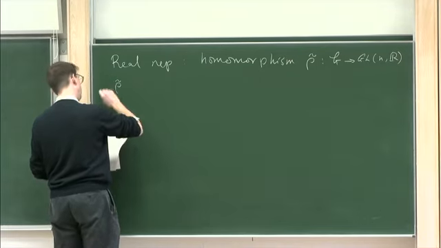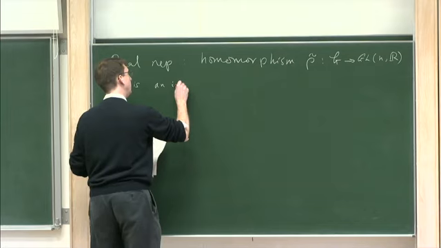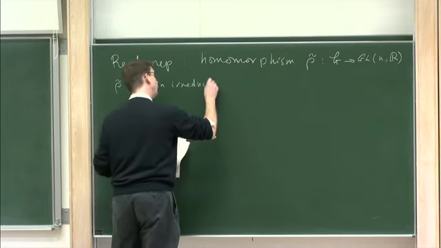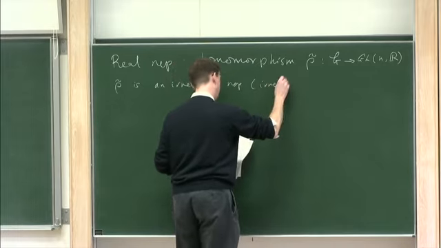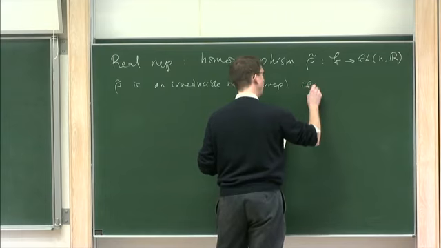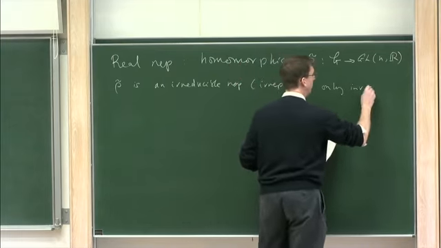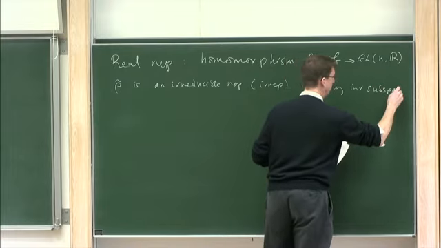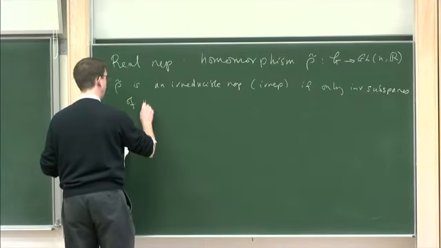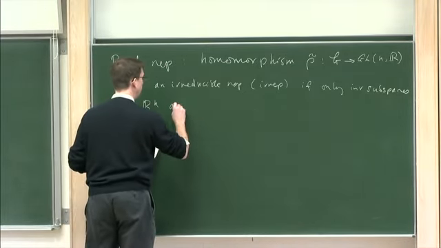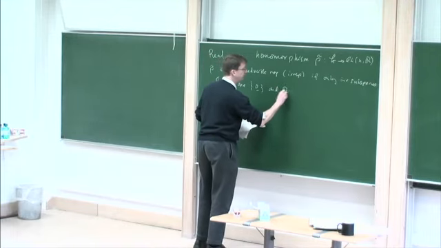We said rho tilde is said to be an irreducible representation, or just irrep, if the only invariant subspaces of Rn are the trivial ones, 0 and Rn.